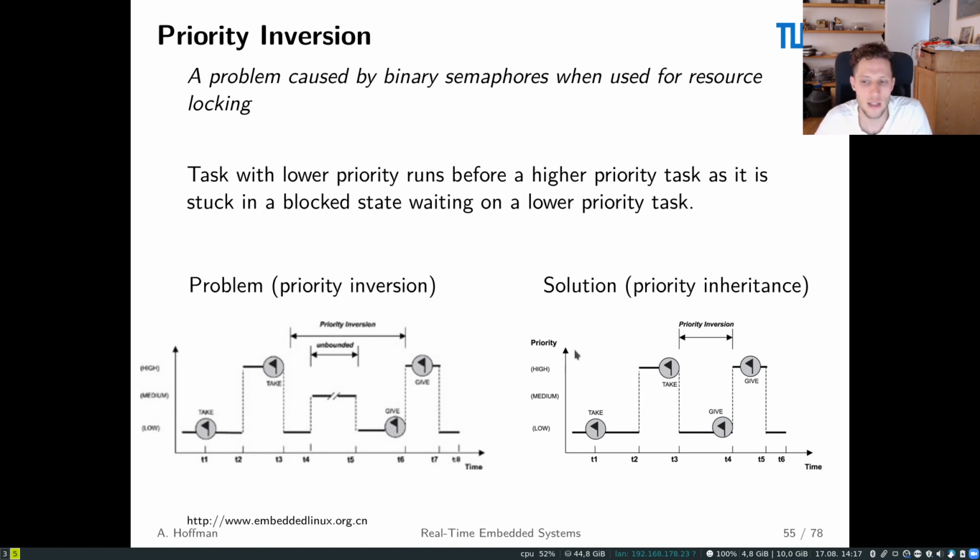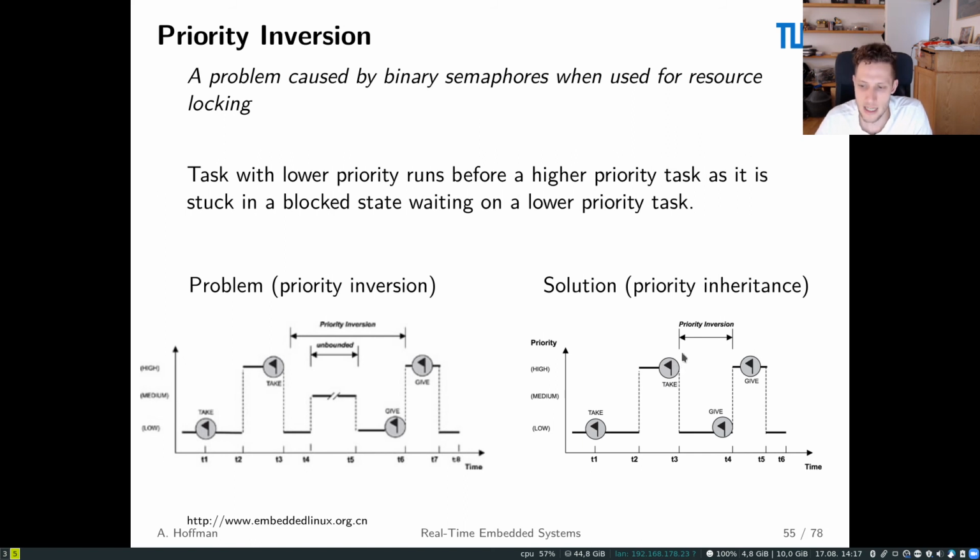Now the solution is really quite simple. Same thing happens. So you'll see the first two steps are the exact same thing. The low priority task executes, takes a resource, gets preempted by the high priority task, which then executes until it tries to take a resource and it blocks.